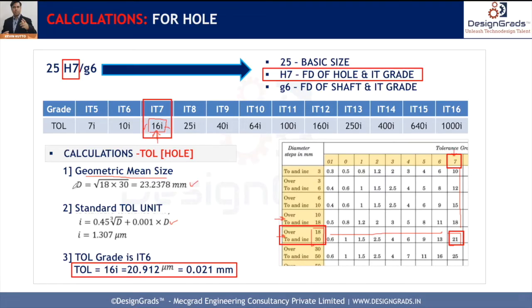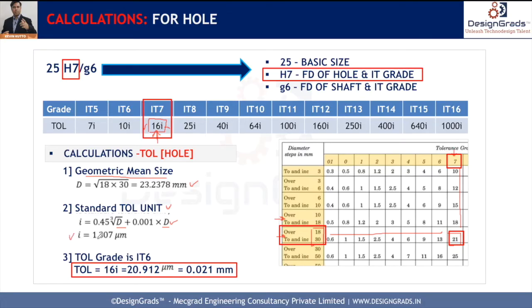Now once I calculate D, it's very easy to calculate the standard tolerance unit, which is i. i is nothing but the standard tolerance unit, and this formula is already given. This formula is for when your size is less than 500, right? And I have already shown you, if size is more than 500, then we use capital I. You have already calculated D here, you just put D in and you can find out i.